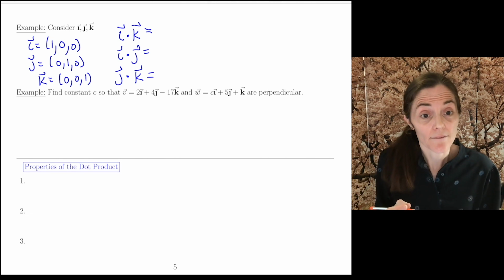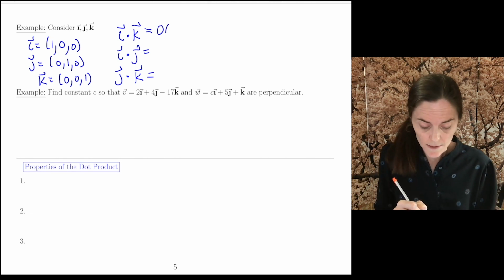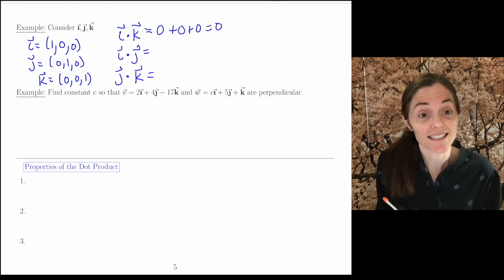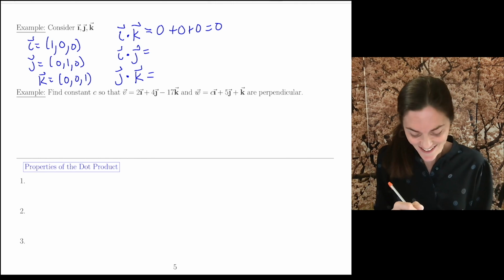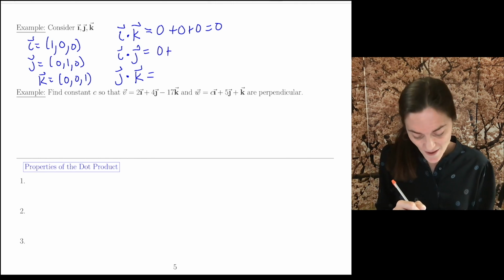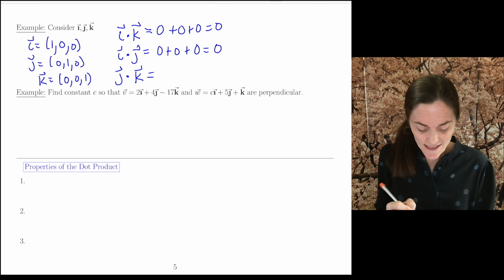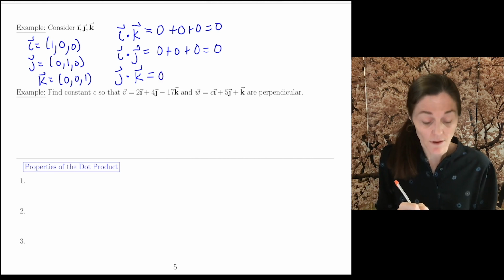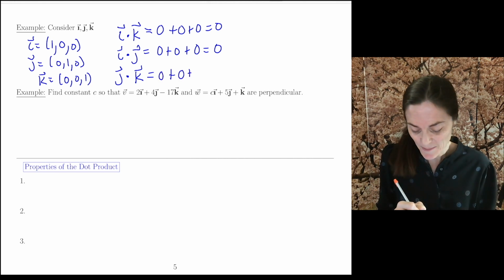Well, i dot k, for example, this would be 0 plus 0 plus 0. This is 0. And i dot j, we have 1 times 0 plus 0 times 1, like this. And similarly, j dot k, we get 0 plus 0 plus 0.